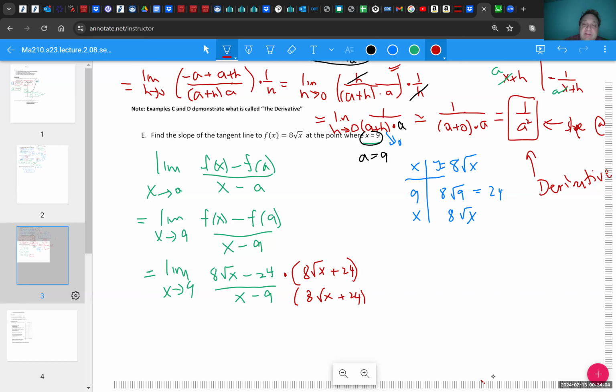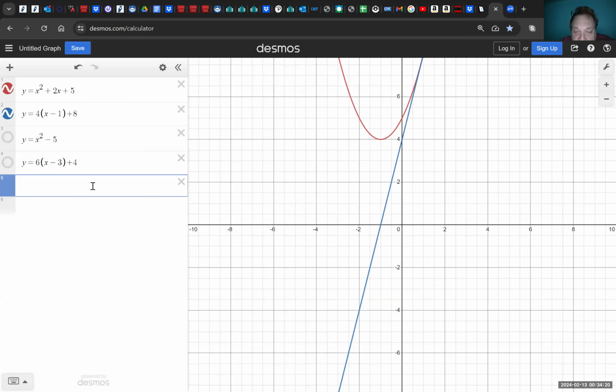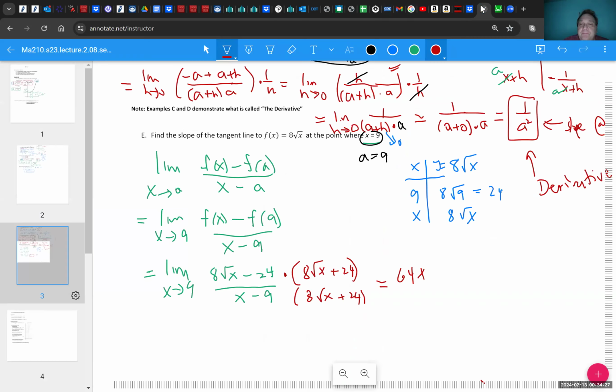All right. On the top, we're going to multiply it out. So 8 root x times 8 root x is 64x. Then we have 8 times 24. I didn't prepare that ahead of time, so let me do that now. 8 times 24 is 192, so that's plus 192 root x.